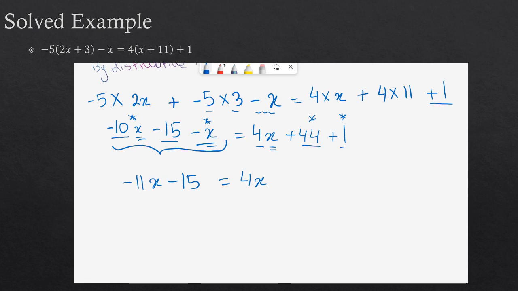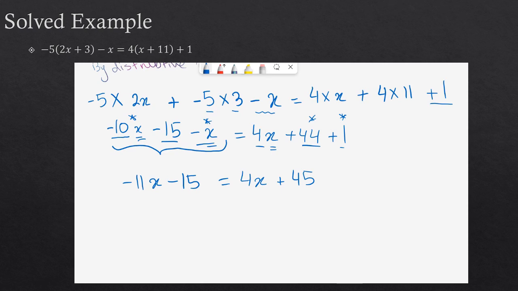So 4x is the same plus 44 plus 1, which is nothing but what? But 45. Okay. We are done now with the simplifications.